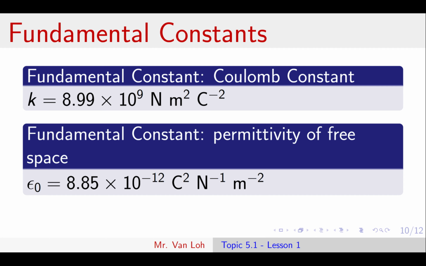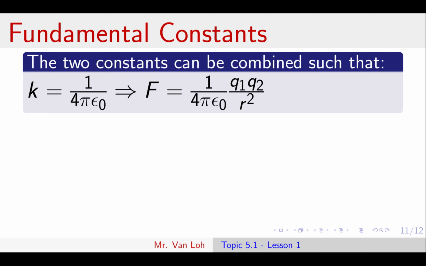So anyway, our permittivity of free space is given by 8.85 times 10 to the negative 12 coulomb squared per newton meter squared. Wow, those units look really similar, don't they? They do.